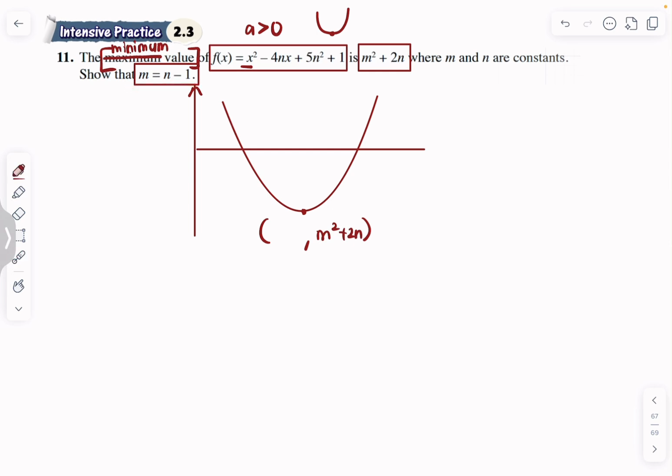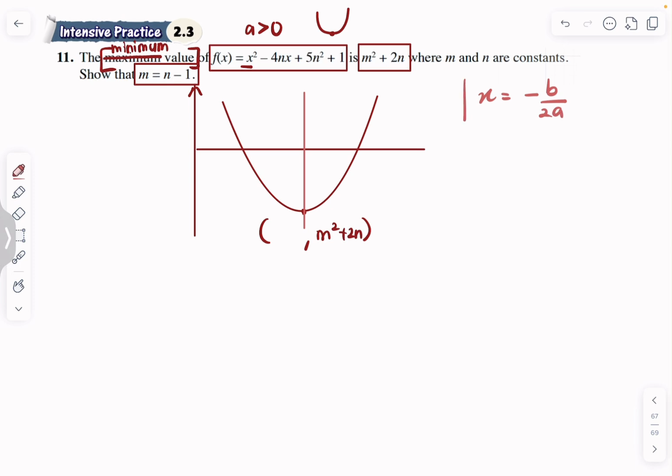So to get this, there are many ways of doing it. Let's just try this way. To get the x value of the minimum coordinate, we can use x equals negative b over 2a.